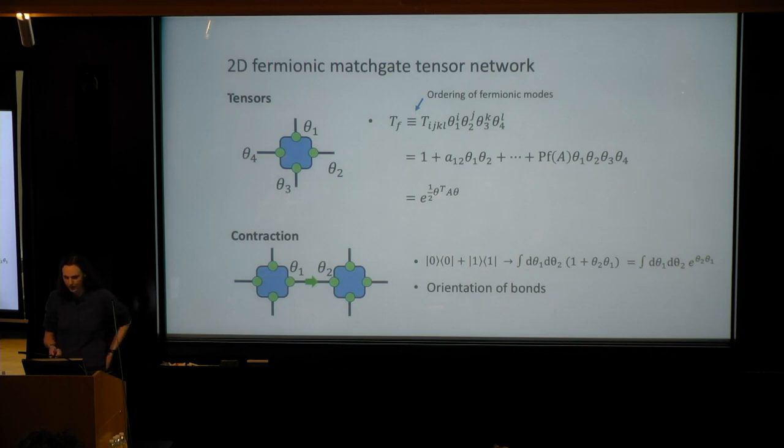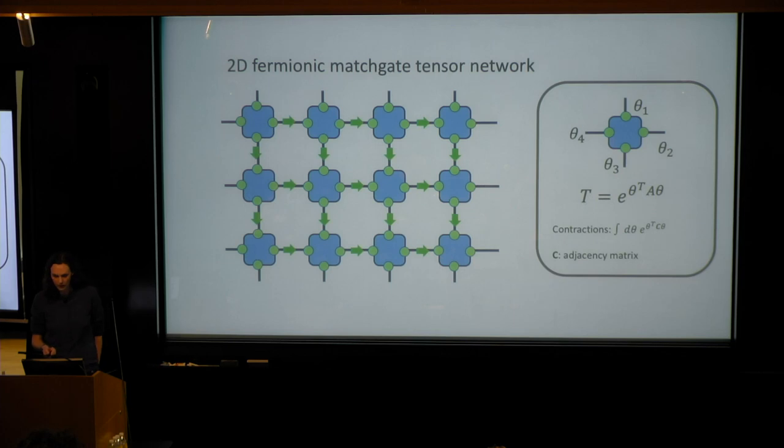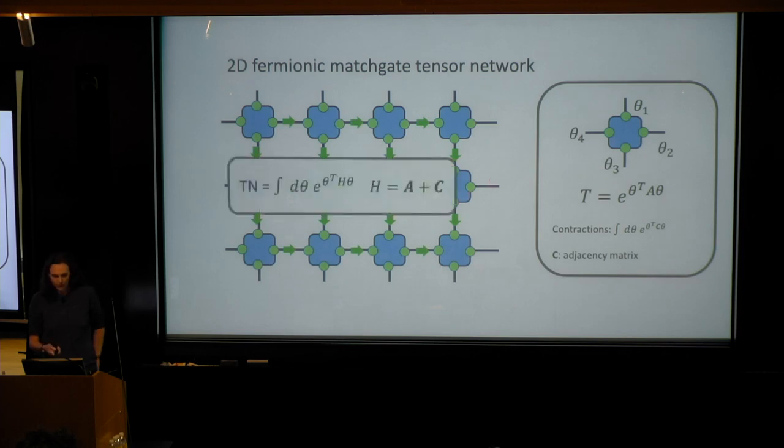And at last, let me point out that this contraction can also be written as an exponential of, in this case, a very simple Grassmann bilinear. And we will make use of this fact now, because what we can actually see is that this whole tensor network, if you fully contract it out, can be written as something that very much looks like a partition function of a free fermionic system.